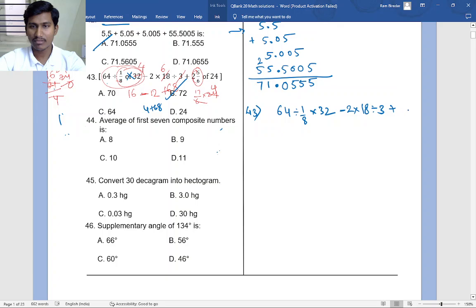So 2 and 5 by 6 of 24, right, of 24. So here we know we have to convert "of" first, right? So I have directly written "of" as into here, so let me write the same here also.